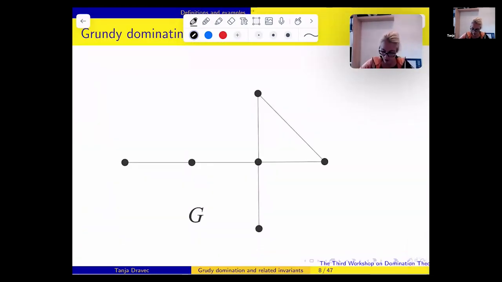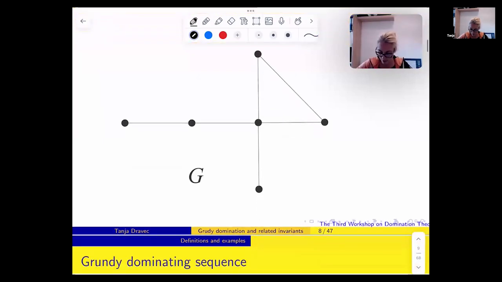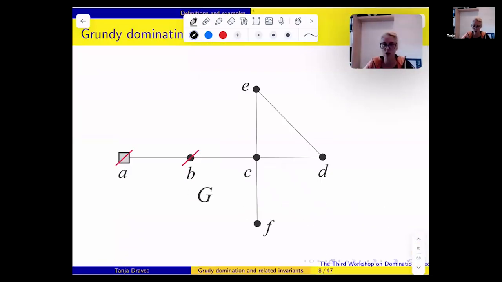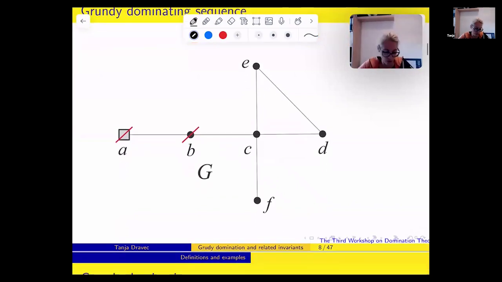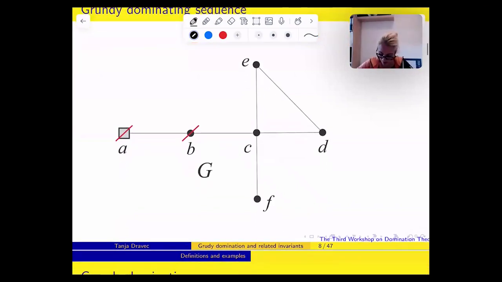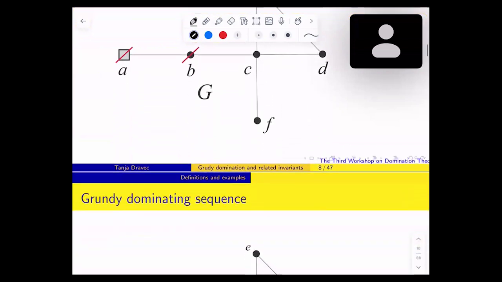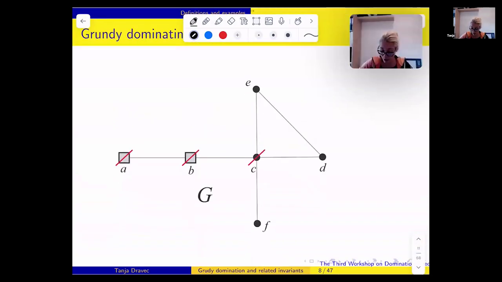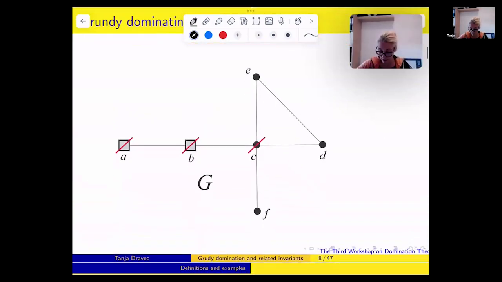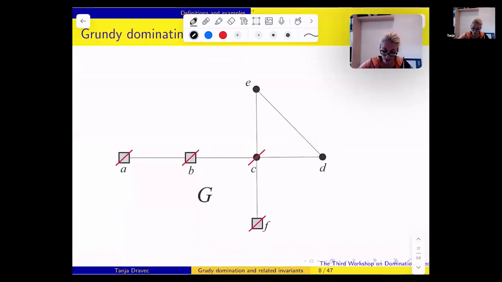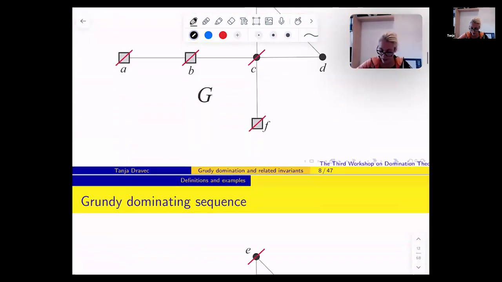Here is one example, again, the same graph. I can first put A in the sequence, and A will dominate A and B. Now I can put B in the sequence, and B will dominate C. Now I can put F in the sequence, and F will dominate itself.